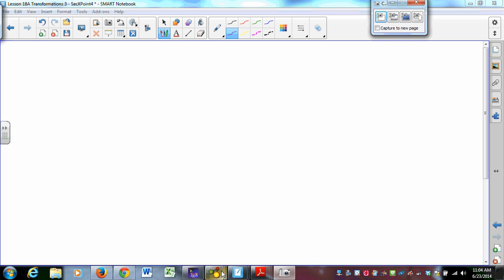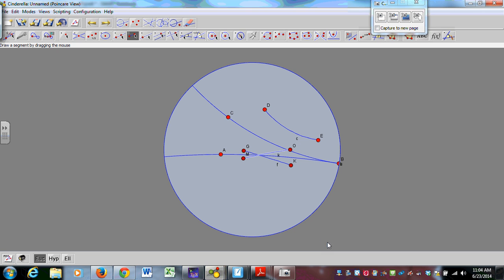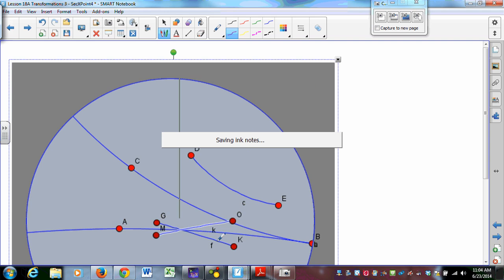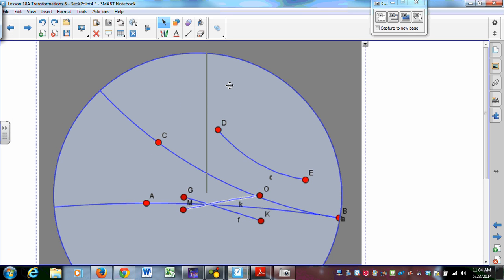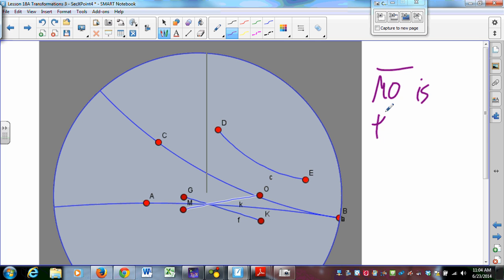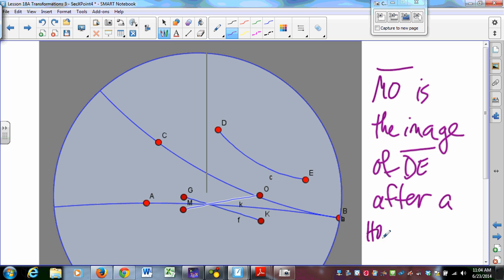So now how do we put this in the notes? Well, we're going to take a picture because it lasts longer. I'm going to take a picture of this because you're going to print this out. If you're going to print this out, what we're going to say is that MO is the image of DE after a horolation.